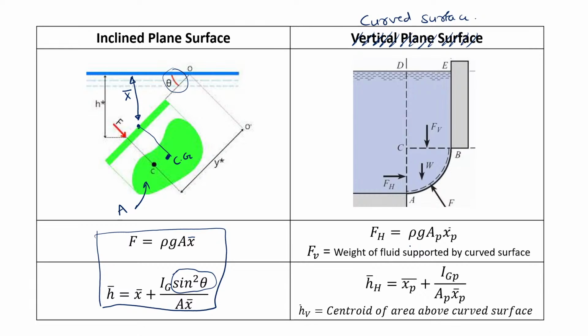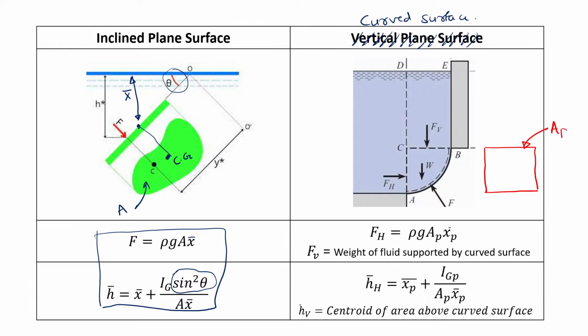The horizontal component is based on the vertical projection of this curved surface. If this curved surface is AB, then we can draw the vertical projection of this curved surface. So here I am drawing the vertical projection of this curved surface. This is my projected area.